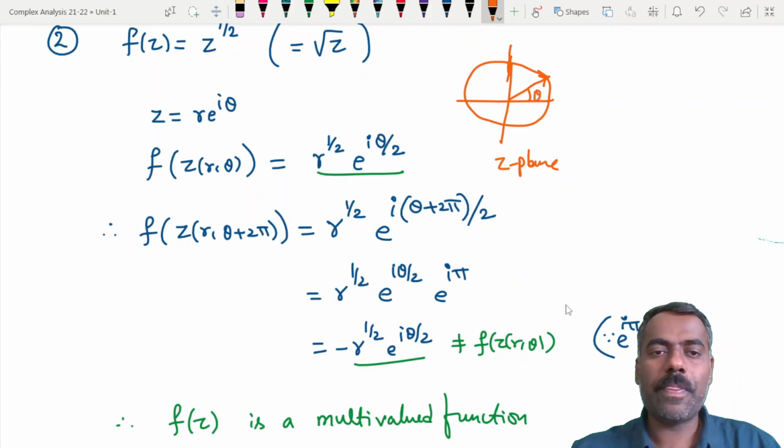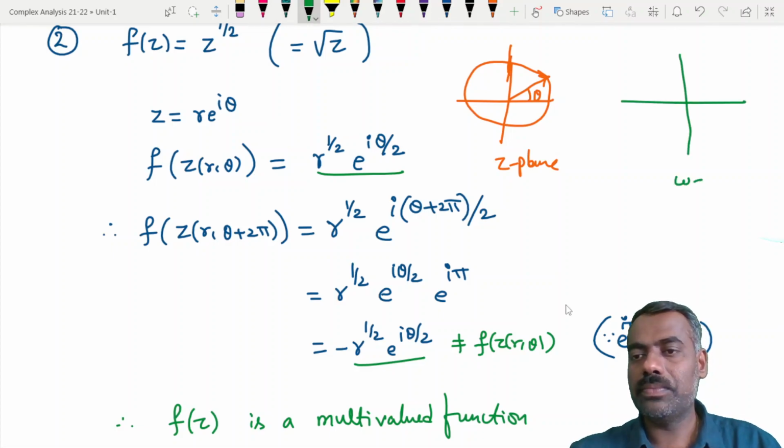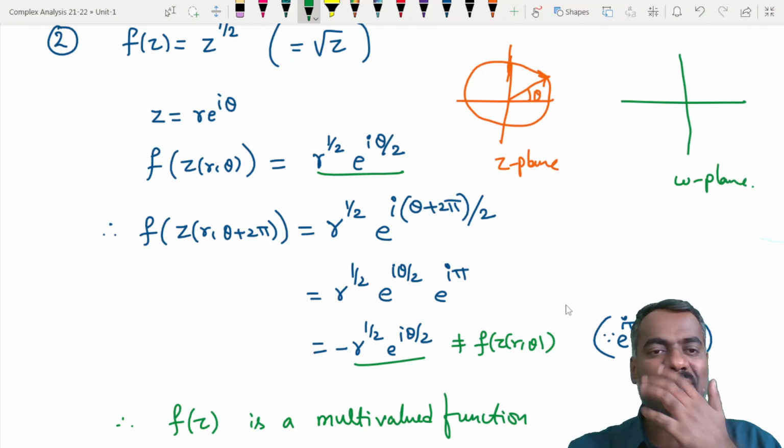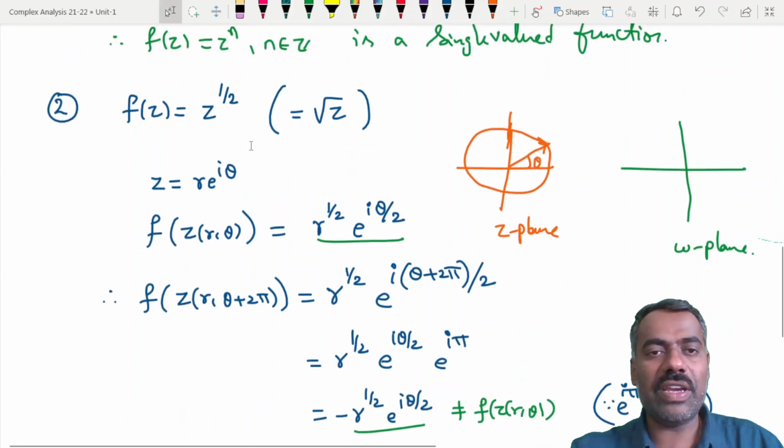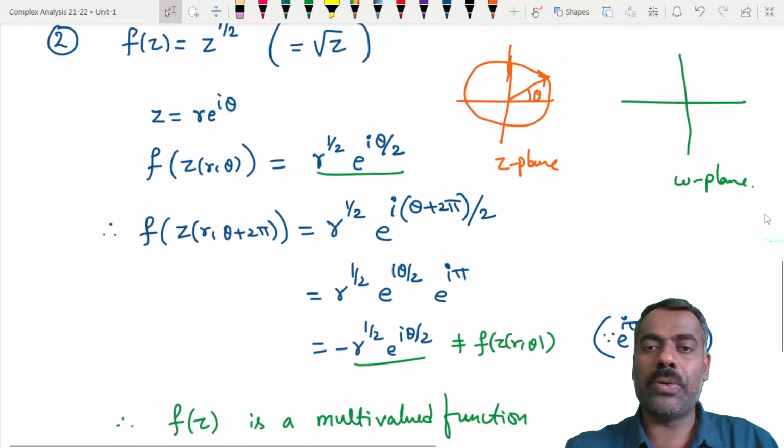Then in the w plane, what will this become? Because your f of z is z power half, that means e power i theta by 2. So in the z plane, if it is theta, in the w plane it is theta by 2. Yes or no?